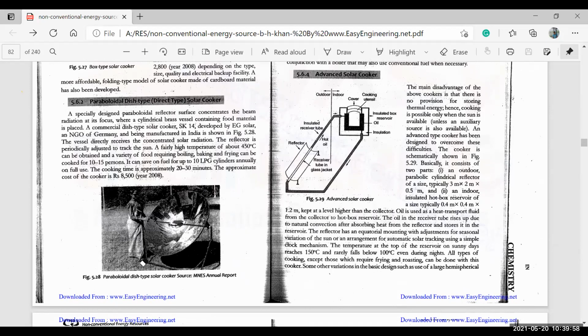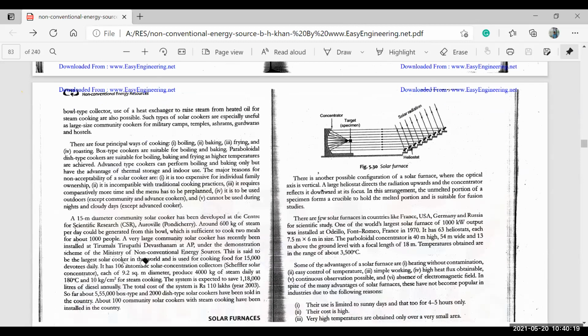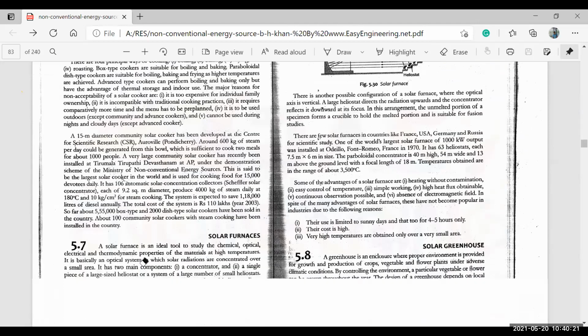See, this is the actual paraboloid dish type solar cooker. This is a concentrating part. Here is your base, which concentrates this.